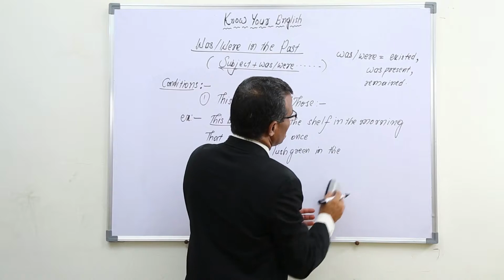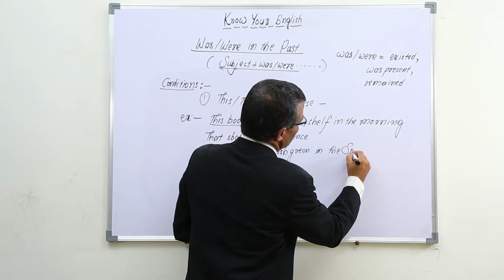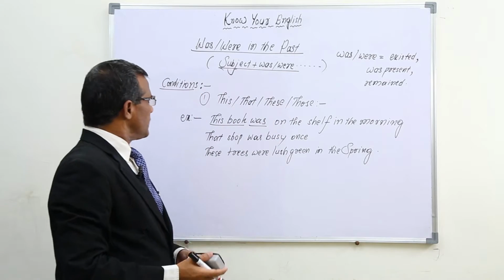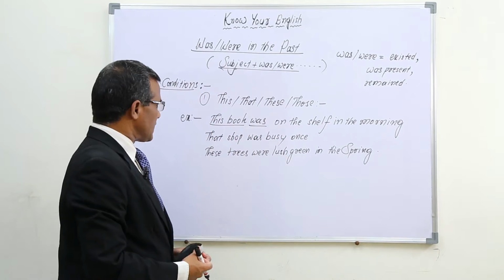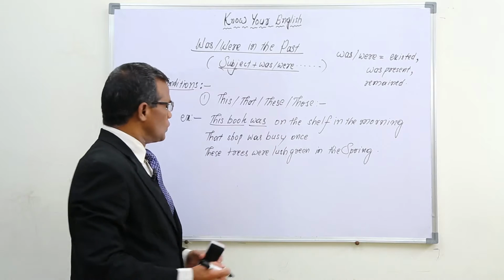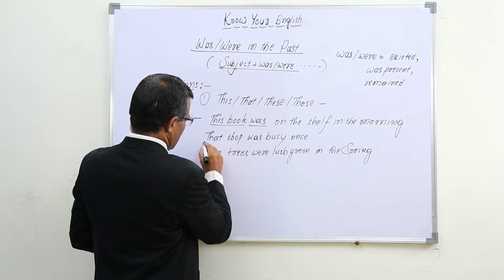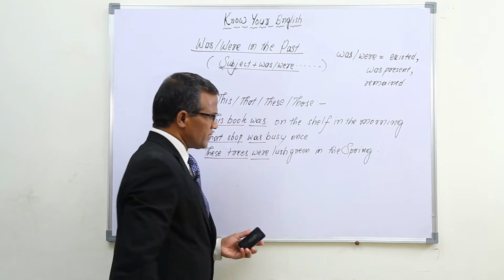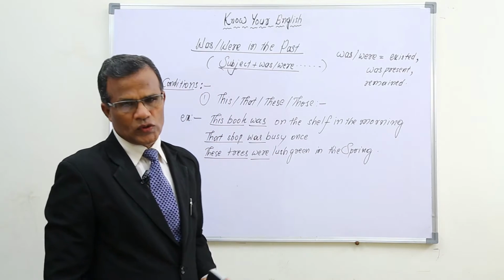So in this way, we can use the was or were structure with this, that, these, those. This book was, that shop was, these trees were. Like that we are able to use it.